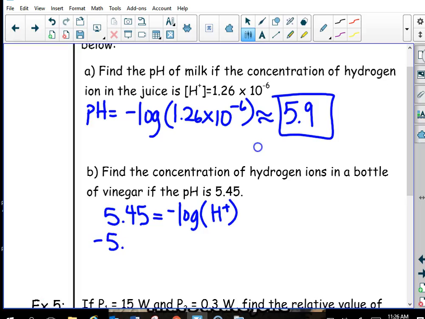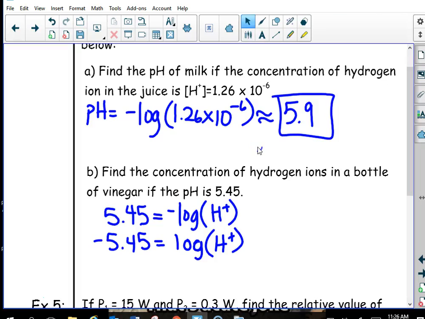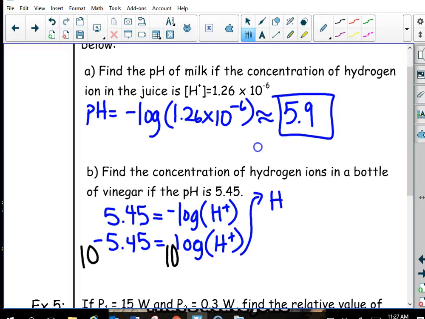So negative 5.45 equals log of H plus. And now I'm going to get rid of that common log, which is, by the way, base 10, by putting both sides to the 10th power. So our hydrogen ions is going to be equal to 10 to the negative 5.45.